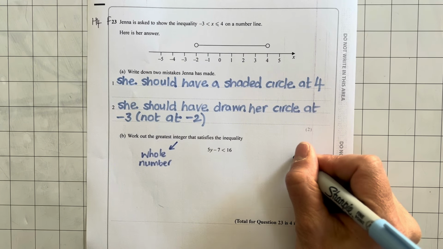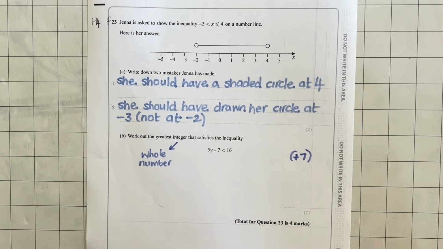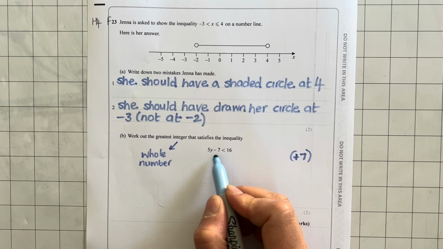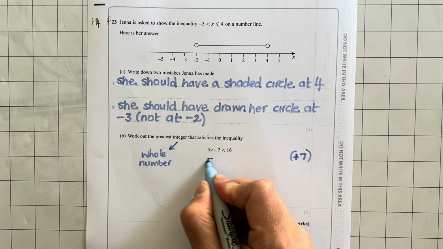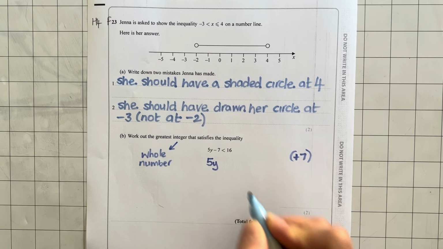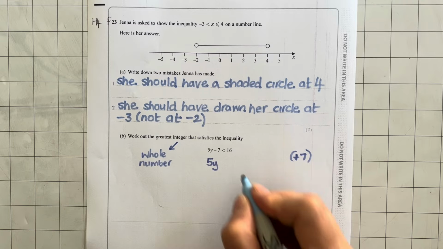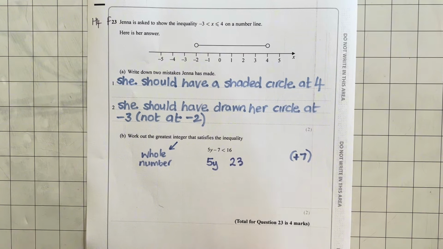The first thing that we want to do is add 7 to both sides, because if we add 7 to the left-hand side, the take away 7, add 7 will cancel each other out, leaving us with 5y. When we add 7 to 16, we will get 23.